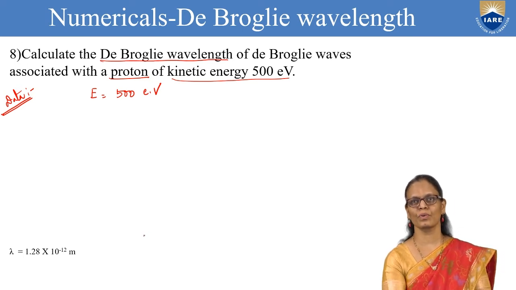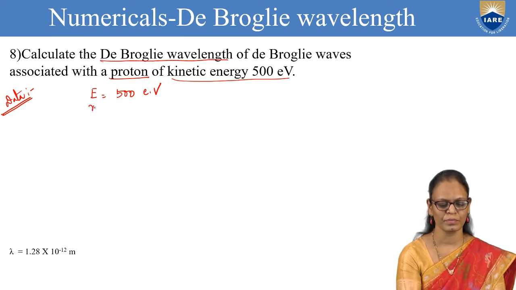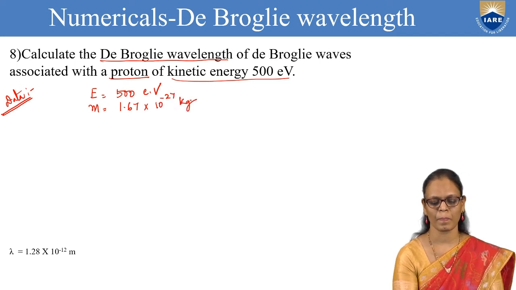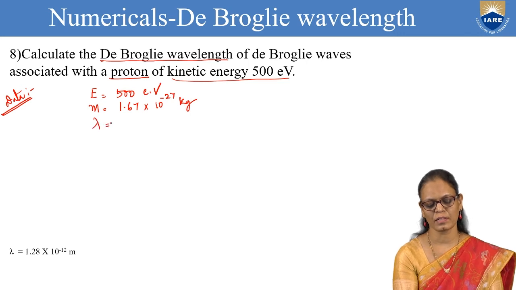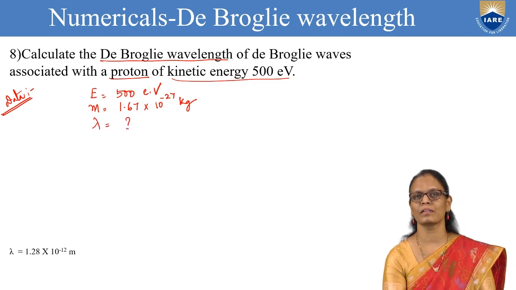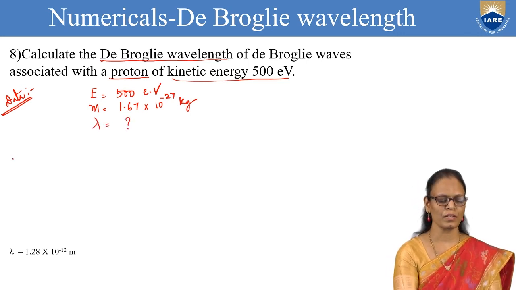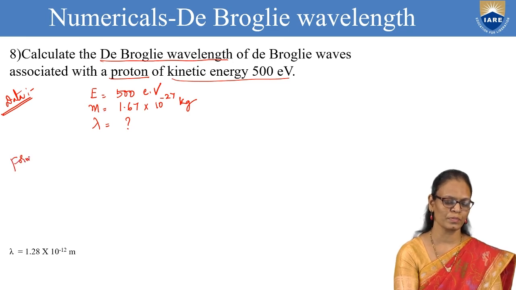And you need to know the mass of the proton. Mass of the proton is 1.67 into 10 power minus 27 kilograms. And what you have to find is lambda. What is the formula we are going to use?